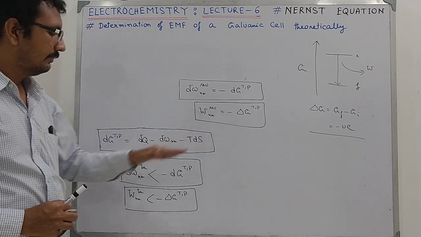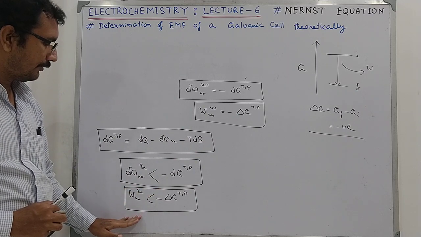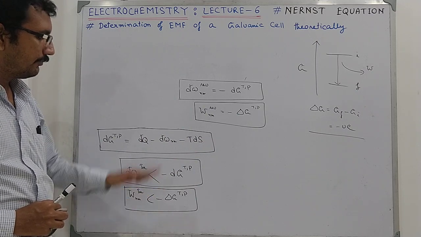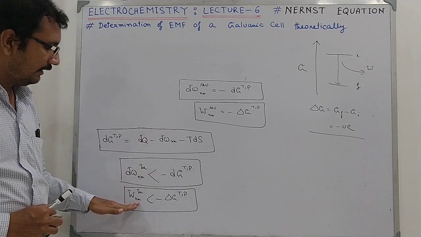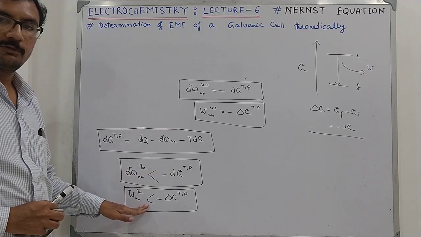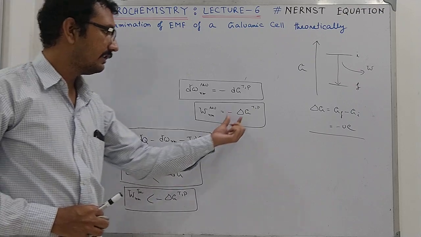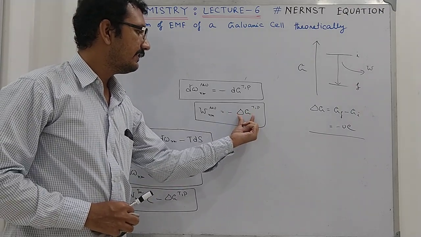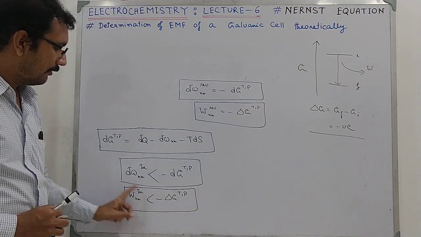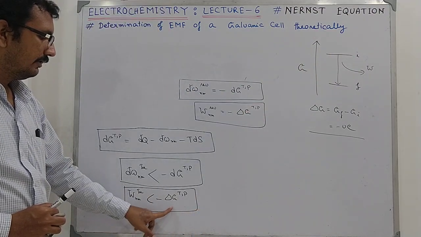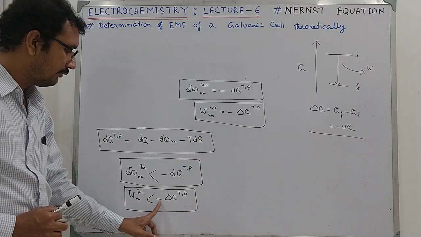And if you carry out the process irreversibly, that is, if you draw the current spontaneously, rapidly, it will give you less work. G is a state function, so this change is fixed. Now the work obtained is less than this value. Del G you get negative, you put a minus here and it will be positive.